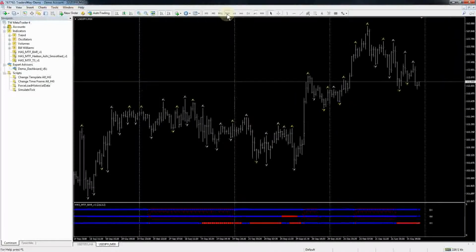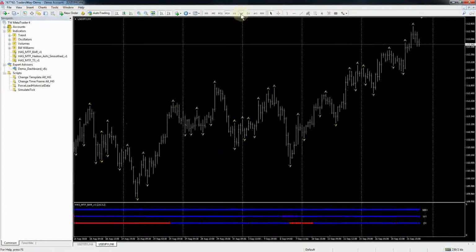Remember that if you go down to the 30, then you end up with the 1 hour, the 4 hour, and the daily. So they correspond to whatever time frame you're on. So we'll put this on the 4 hour. That means we've got the daily, the weekly, and the monthly as confirming hasses if we want to use them.